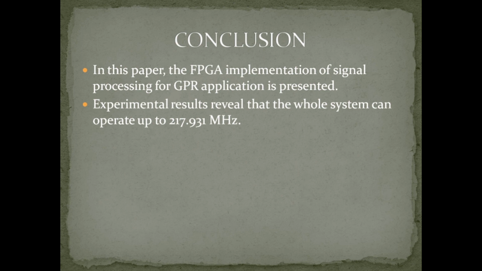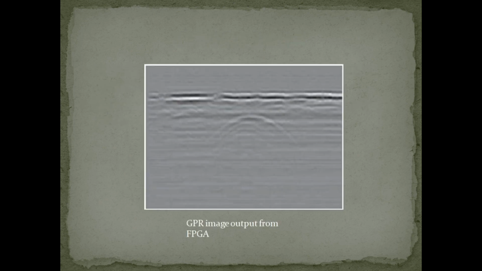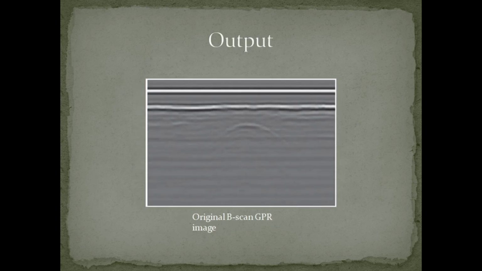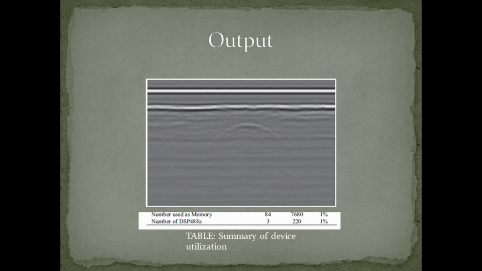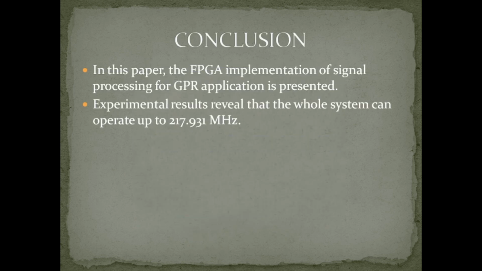The hardware software co-design leads to flexibility of the processing unit, which also can be further extended. Also, the experimental result, as they have mentioned in the paper, revealed that the whole system can operate at 271.931 megahertz. So that's all.